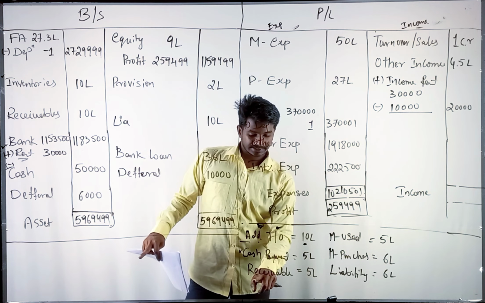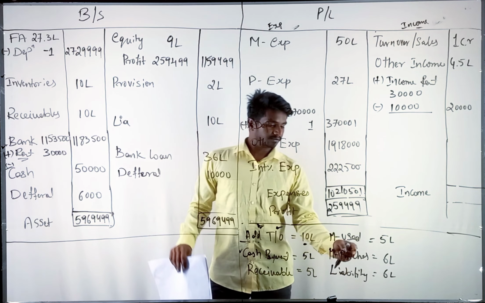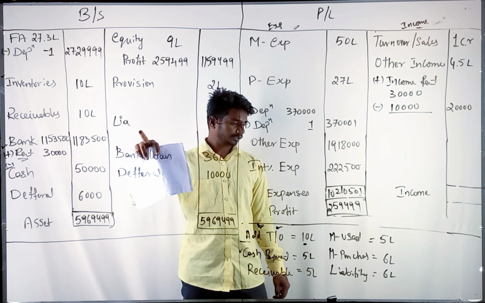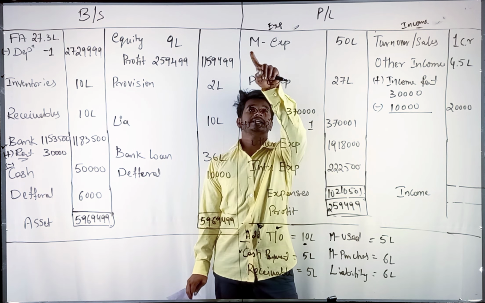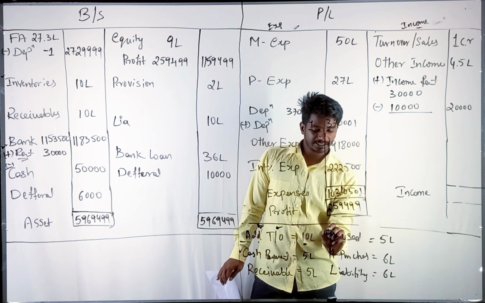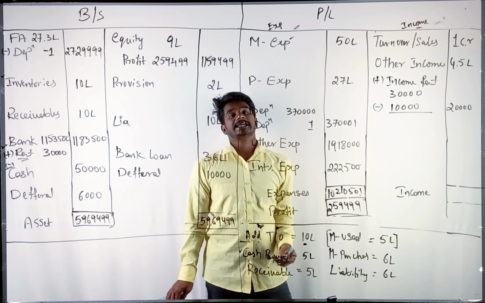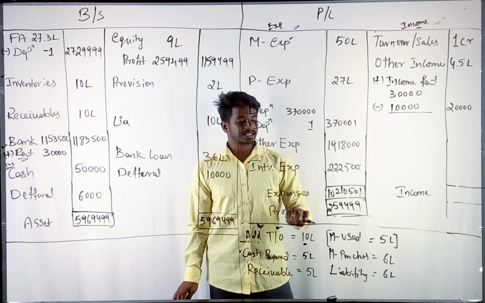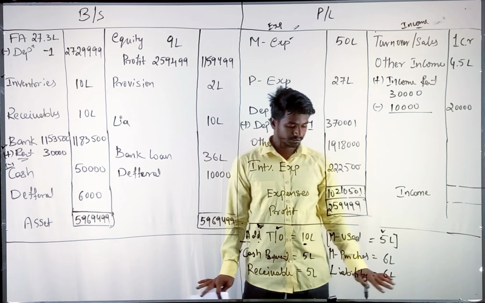Then receivables will affect receivables. Then liability goes on the liability here, and remaining material expenses, whatever material we have used here, that will affect material expenses. Obviously if you use the material, there will be expense for the same. So 5 lakh will affect here.